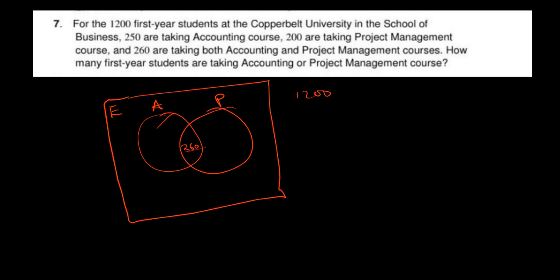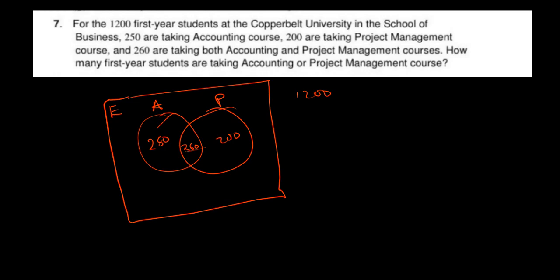Since in A I just want to find in A, they were 250. Those ones just taking accounts, it was 250. Those just taking project management, it was 200.